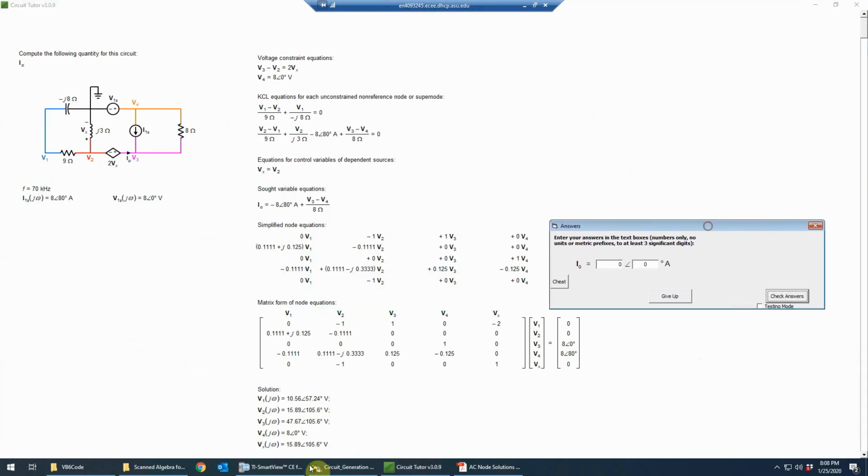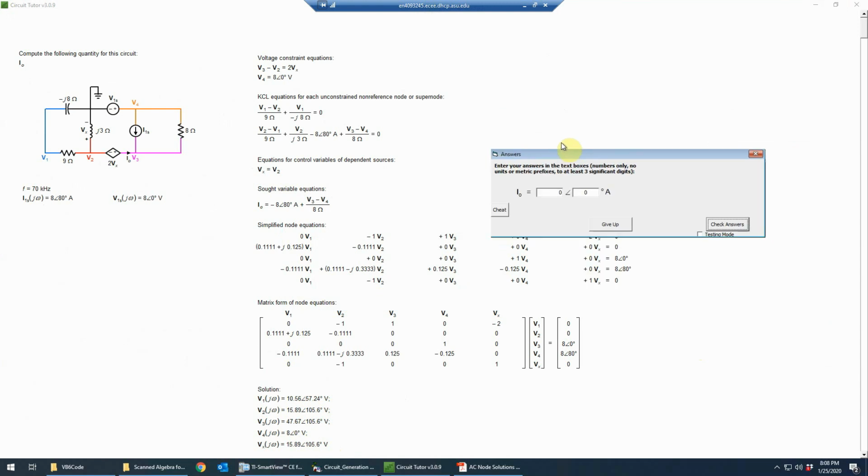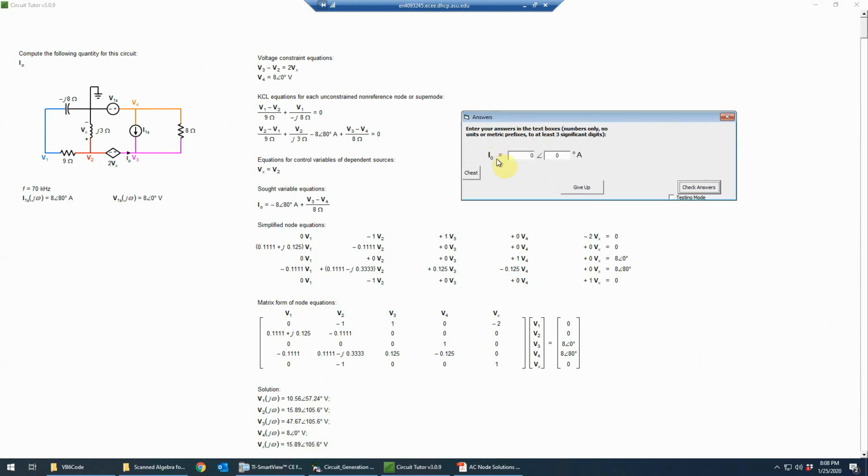And now the last step, so we have our different variables, also printed out Vx, which we didn't actually enter, but it just computed it for us, which is the same as, in this case, V2 bar. And so now we just need to compute I naught bar using this equation. So again, that would just give us an expression to enter into the calculator. We'd put negative quantity 8, angle 80 degrees, using probably my E variable that I defined.